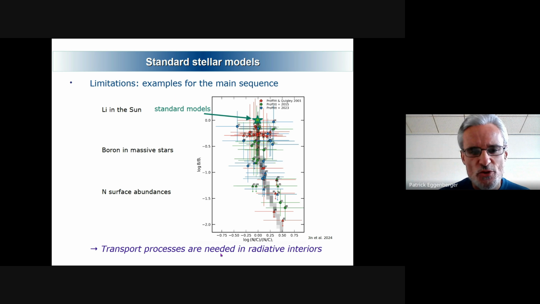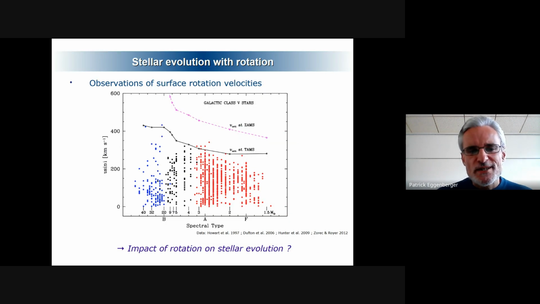So this means that we need physical transport of chemicals. So what is the physical nature of this transport? One historical idea was to say, okay, we see that these massive stars can rotate, and they can rotate also quite fast.